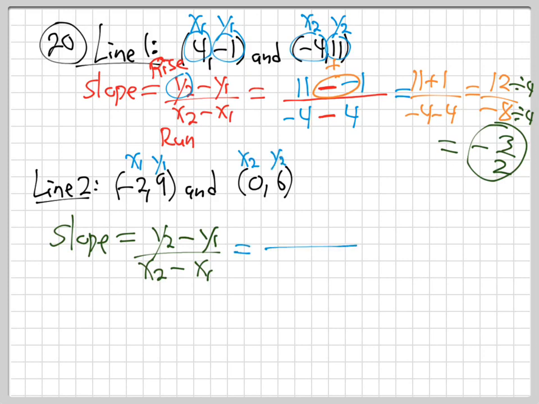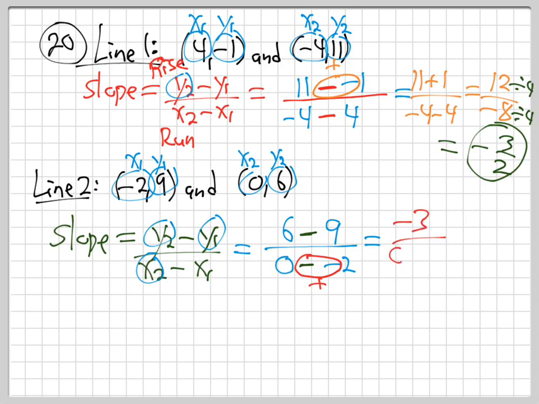There's built-in subtraction symbols from the formula. y2, 6, minus y1, 9, over x2, 0, minus x1, negative 2. So there we go with the double negative. Becomes positive. 6 minus 9 is negative 3, over 0 plus 2, negative 3/2.